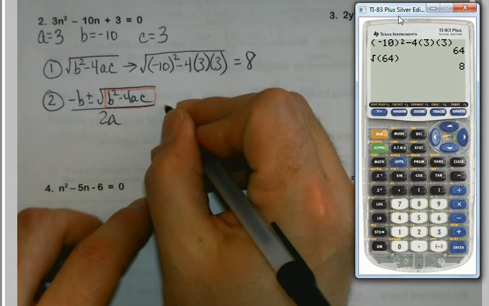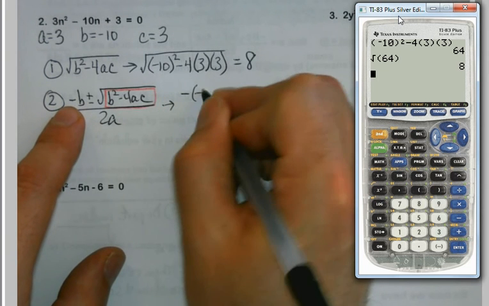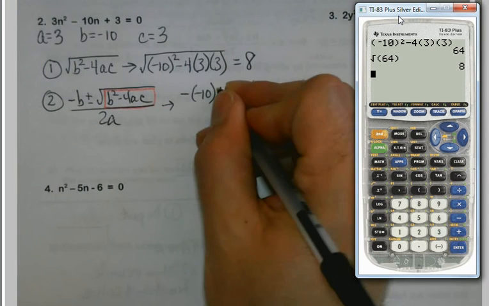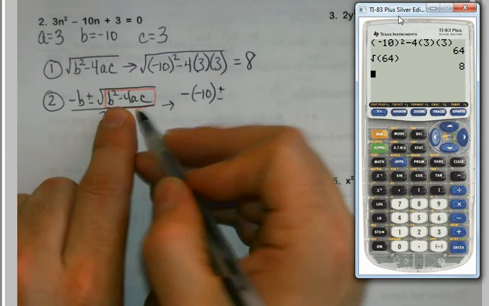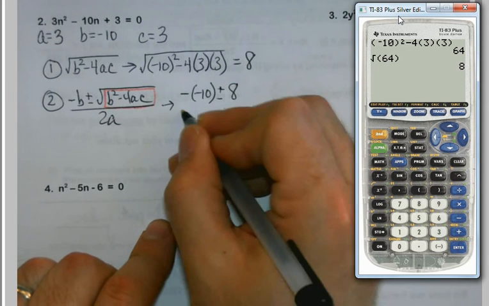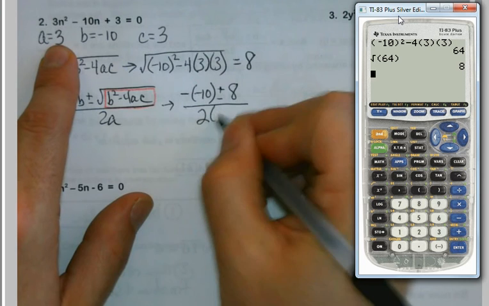So now I just say, okay, negative b, so the opposite of negative 10. You can just flip the sign on it too if you wanted to. Plus or minus. I already did the square root of b squared minus 4ac. It's 8. So I'm just going to put that in there, over 2 times, and my a is 3.